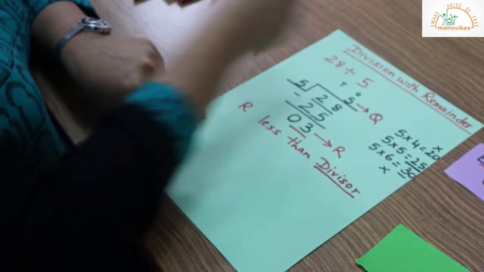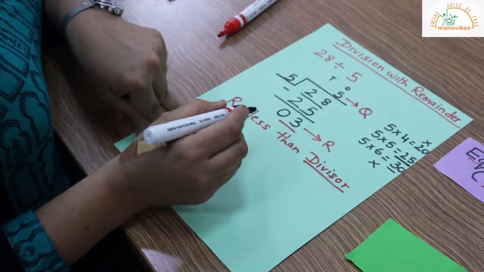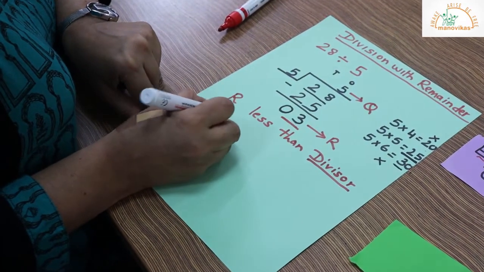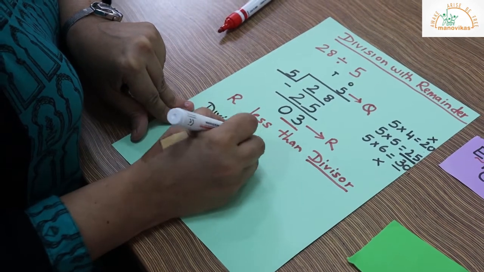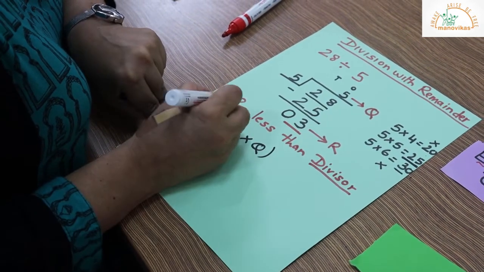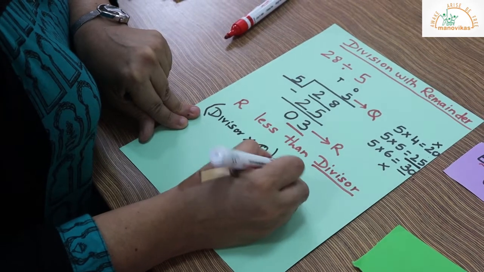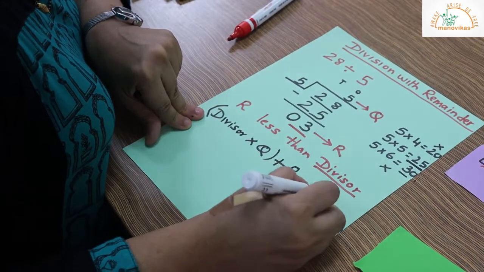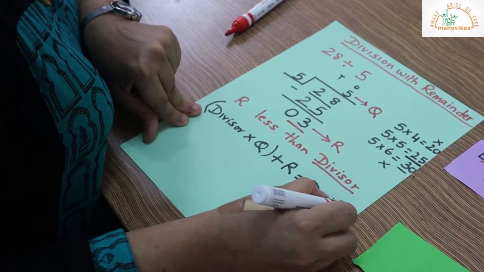Now, let us check if our answer is correct by using the formula. Divisor multiplied by quotient plus the remainder should give us how much? The dividend.